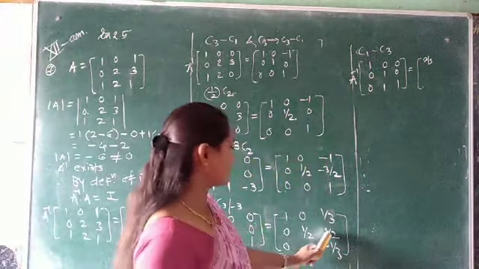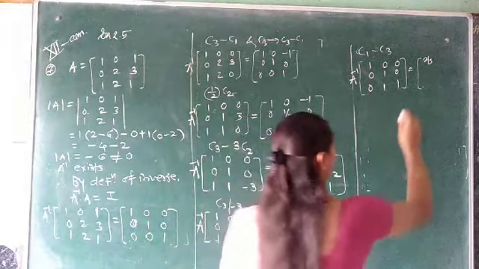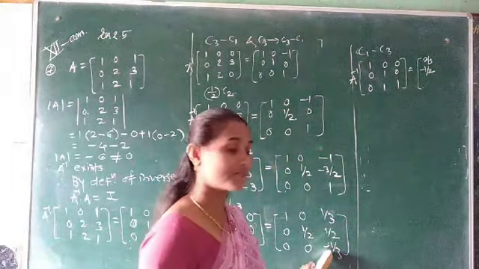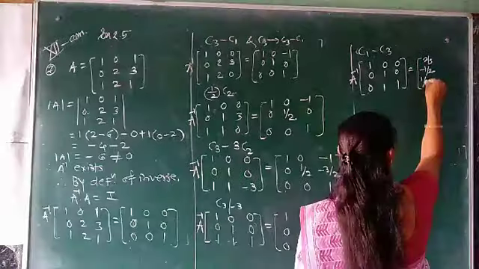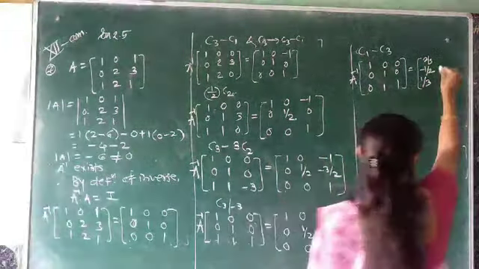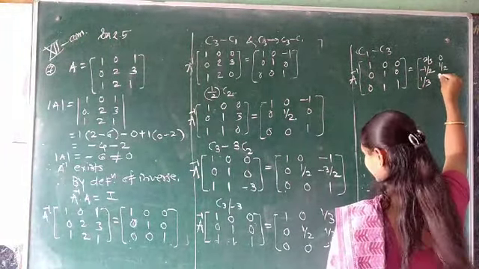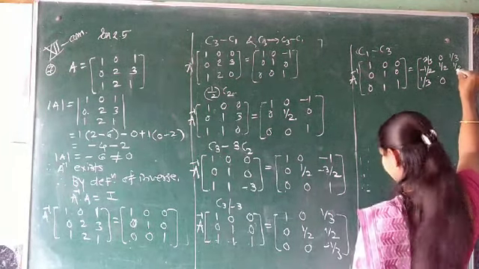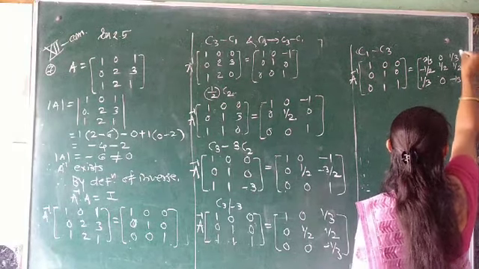Next, 0 minus 1 half is minus 1 half. Here 0 minus of minus 1 by 3 is plus 1 by 3. C2 and C3 as it is: 0 half 0. Next 1 by 3, 1 half and minus 1 by 3.